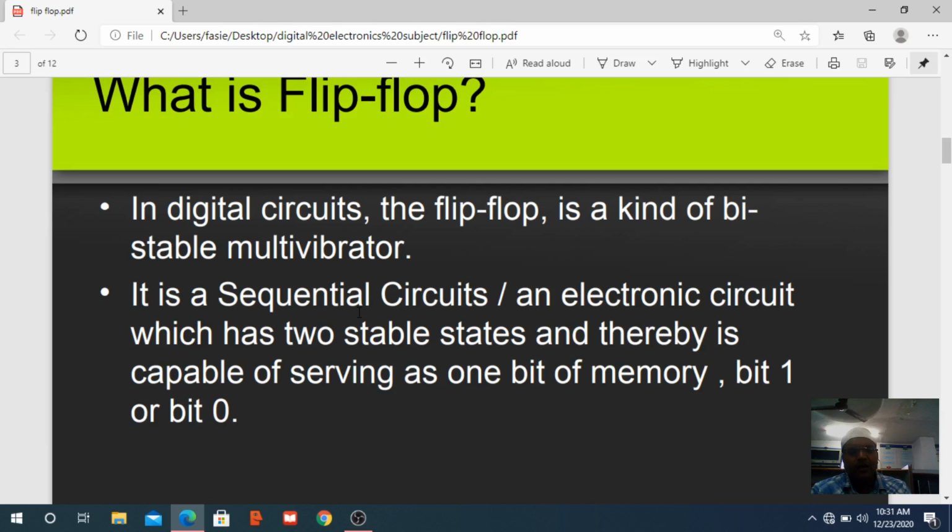Whereas when you use a NOR gate combination, it is called active high. We have one more input, called the clock. What does the clock mean? We give an external trigger input, an external clock input, to the flip-flop, and we see how we get the output in the set-reset flip-flop.